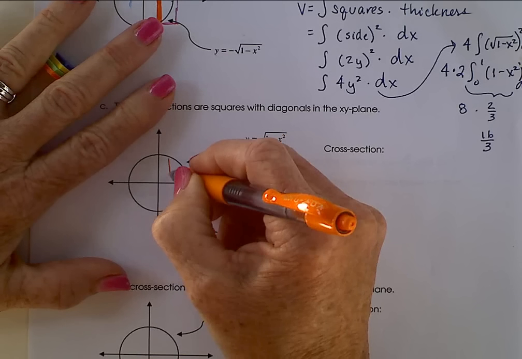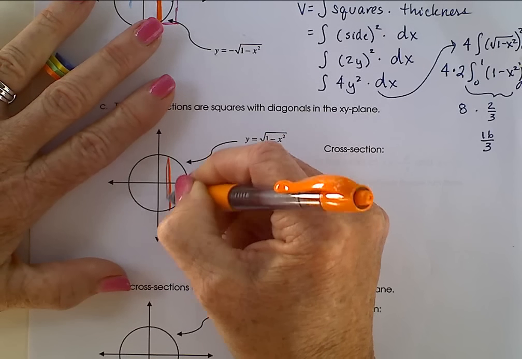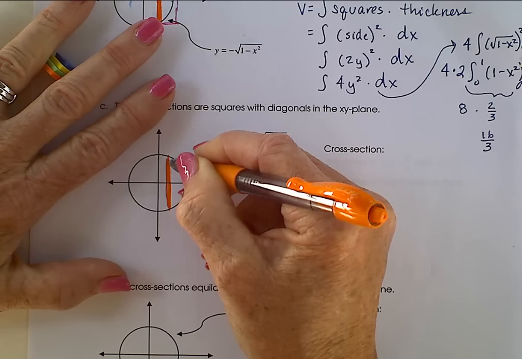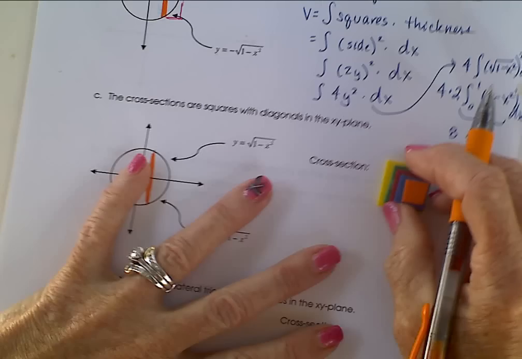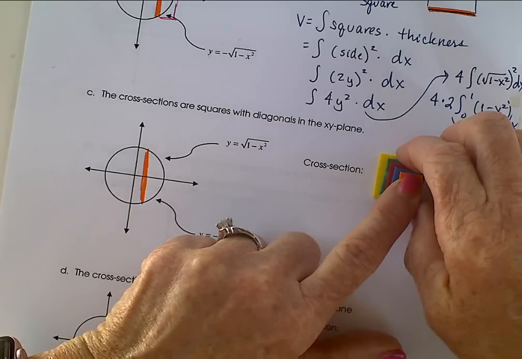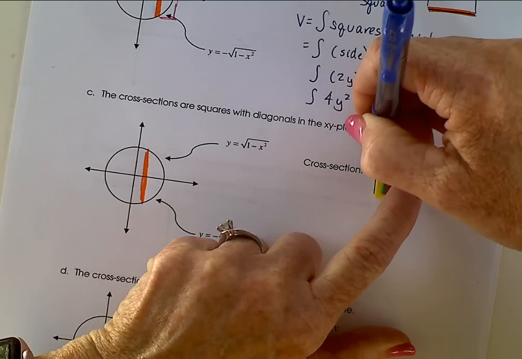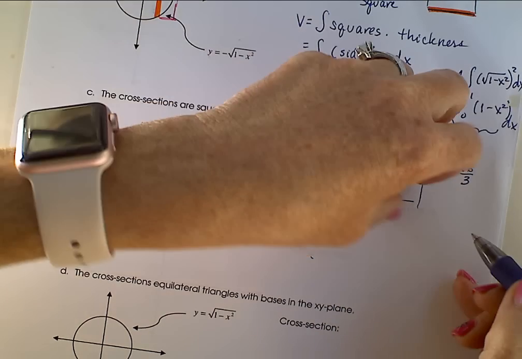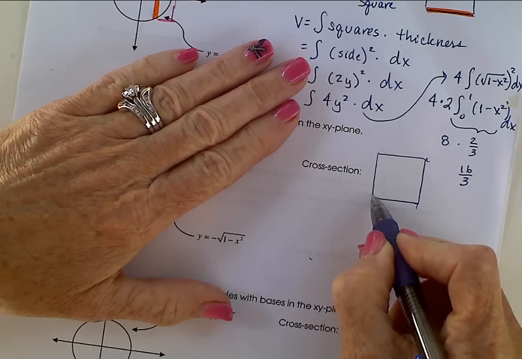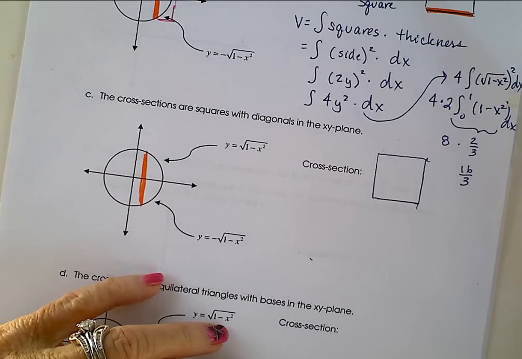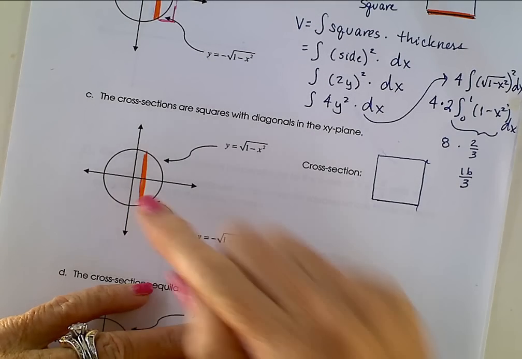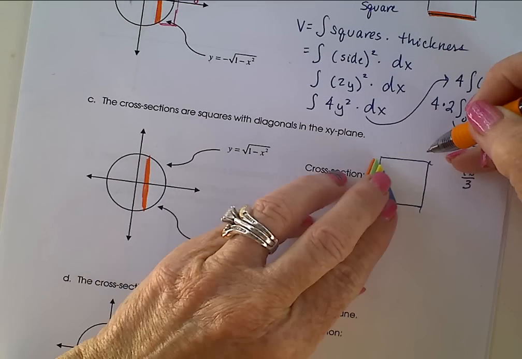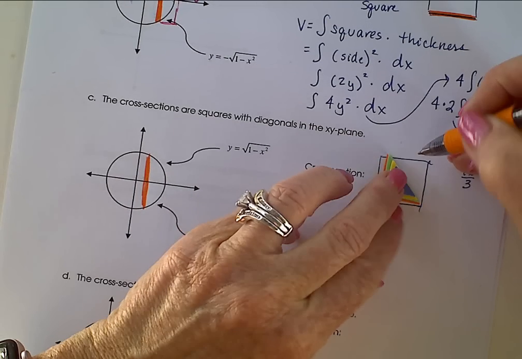Here's my cross section again. And that cross section is again a square. I'm just using this to trace. But this time, that cross section is not this bottom piece right down here. That cross section is this piece.